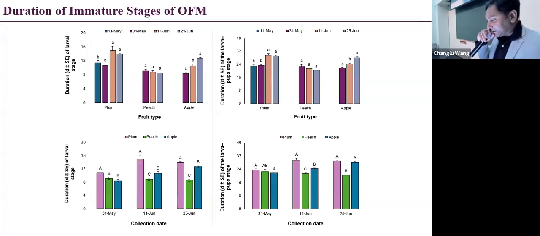But at the later stage, on 11 June and 25 June, the larval developmental time is higher than the previous one. We didn't get any difference on peach fruit, every time the same. The trend is going down, but there is no significant difference in the duration of the larval stage. The same thing happened in apple: at the earlier stage, the duration of the larval stage is shorter compared to the later stage.